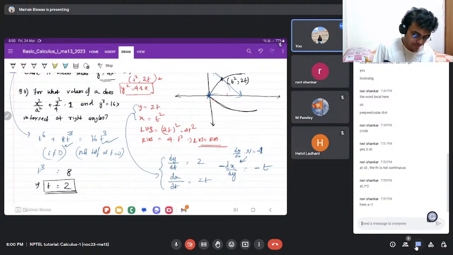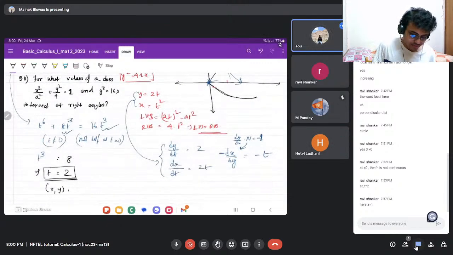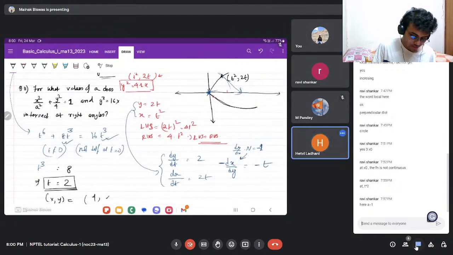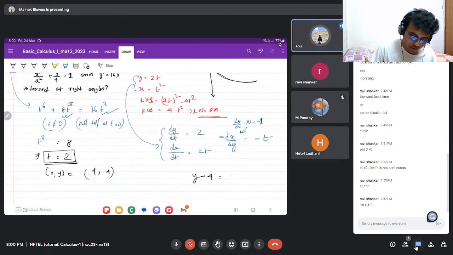Agreed? Yes, sir. So your x comma y is 4 comma 4. So the equation of your normal would be y minus 4 is equal to minus t into x minus 4, with t equal to 2. So y minus 4 is equal to minus 2 into x minus 4.